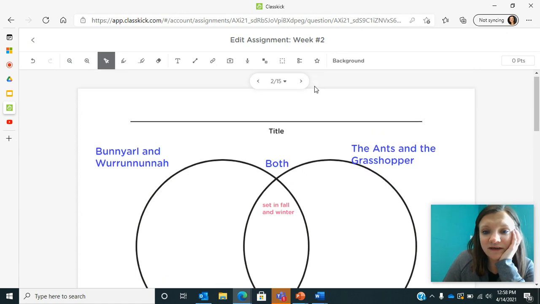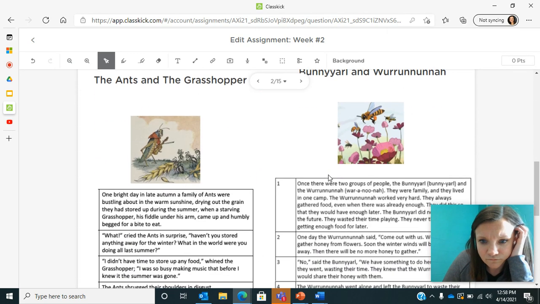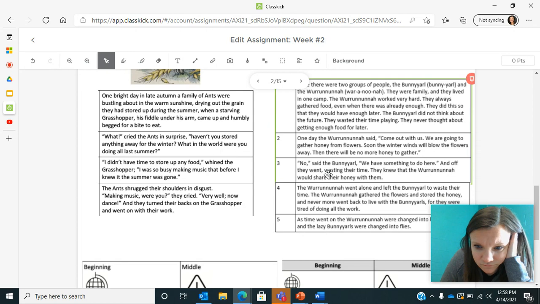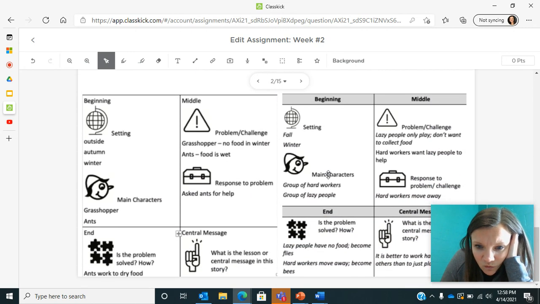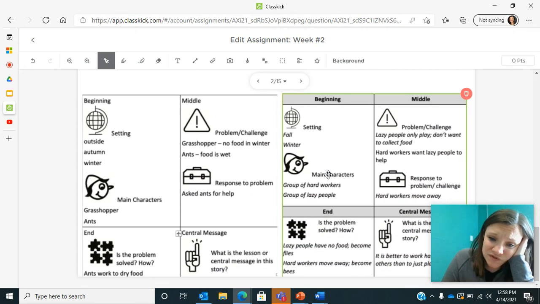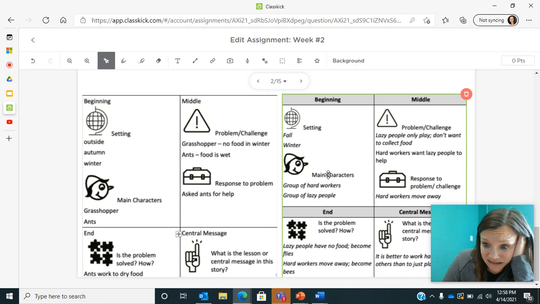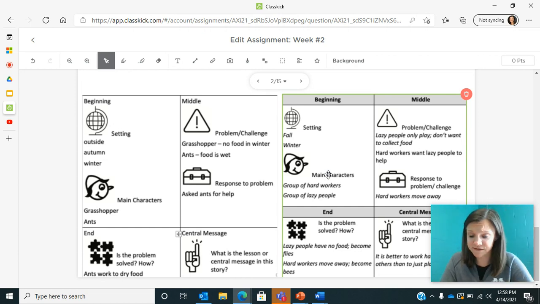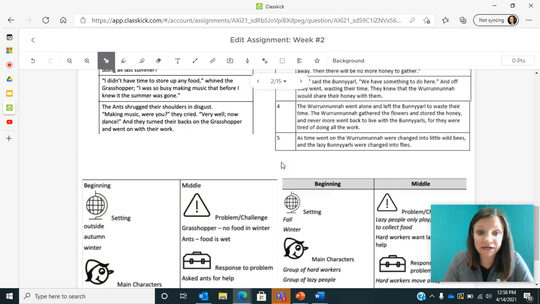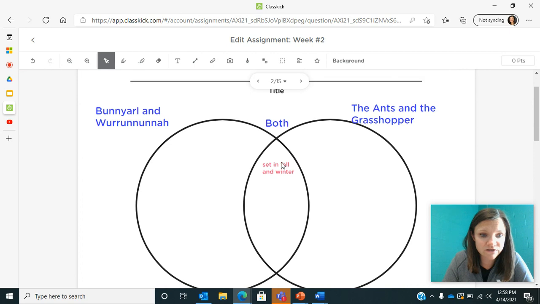Let's scroll down and see if we can find how they're different. Well, one story has grasshoppers and ants, while the other just has people as characters until they turn into the bees and the flies. We're going to say for now that they are people as characters.